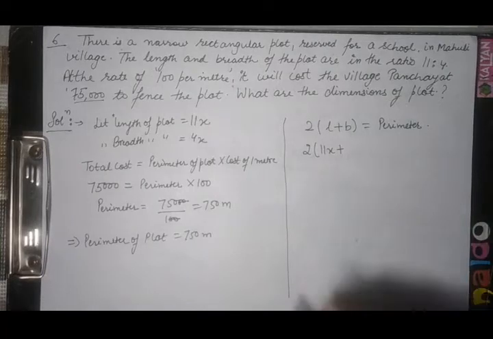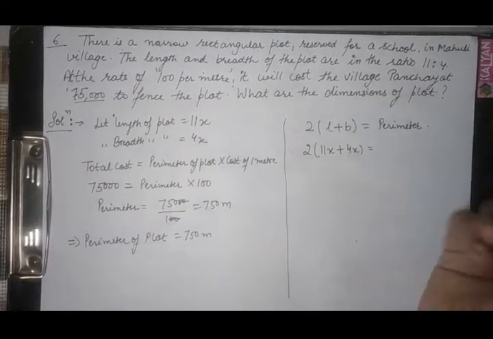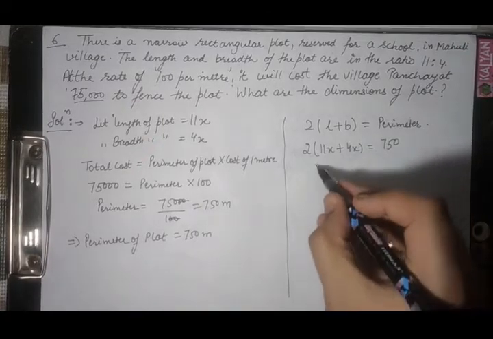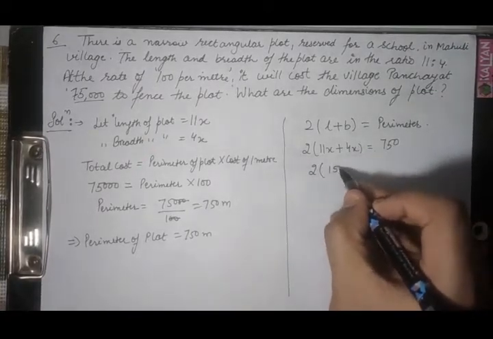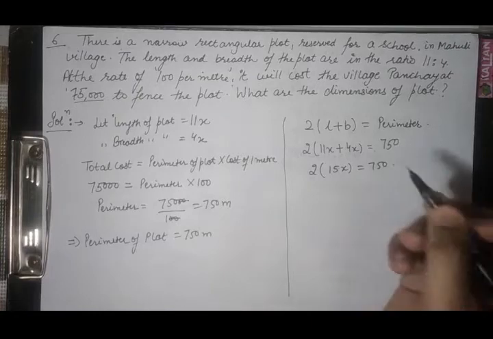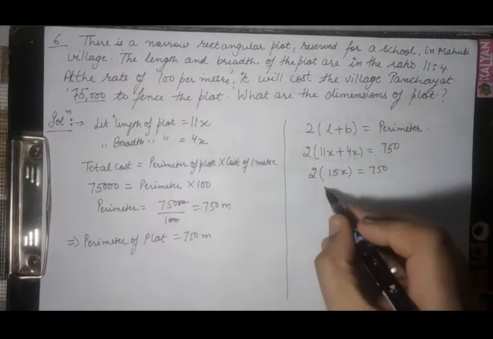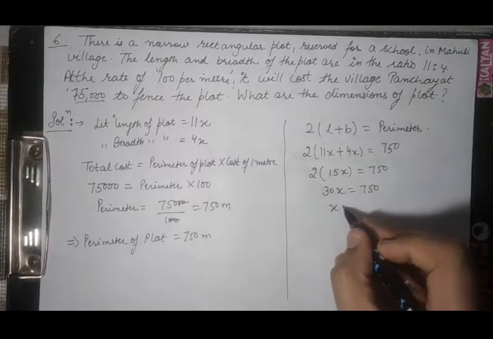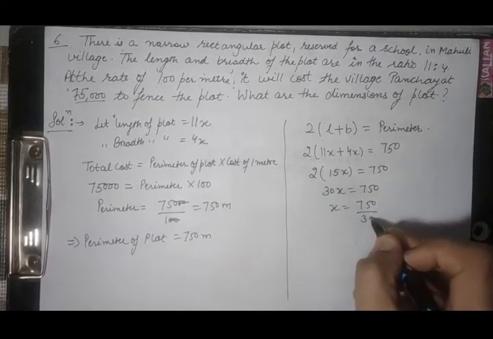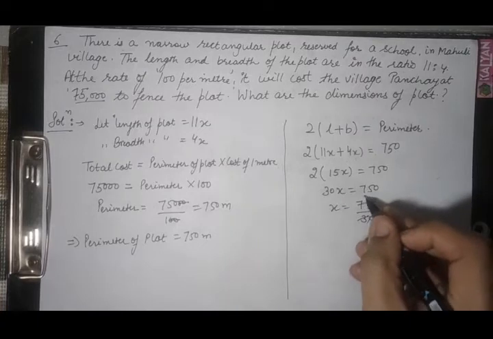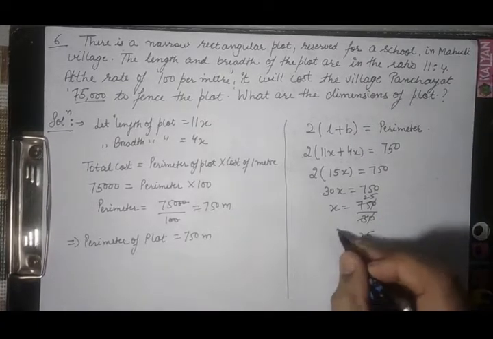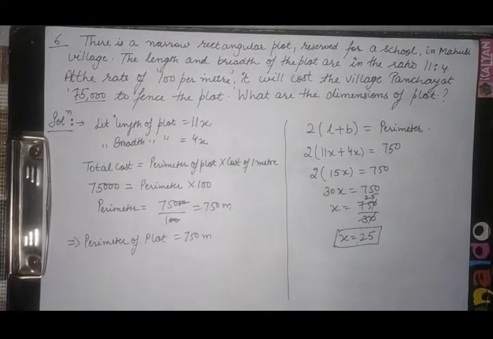What is the breadth? 4x. That will be equal to 750, which is the perimeter. So 2 into 11 plus 4, that will be equal to 15x, so 30x is equal to 750. x will be 750 by 30. So this will be equal to 25. So the value of x is 25.